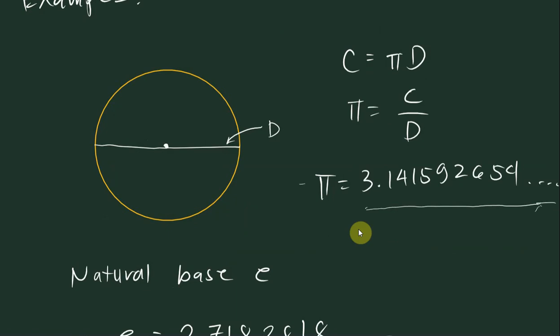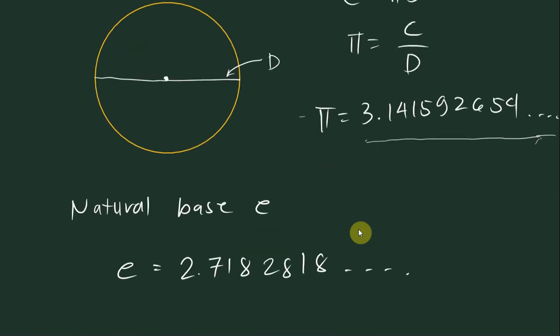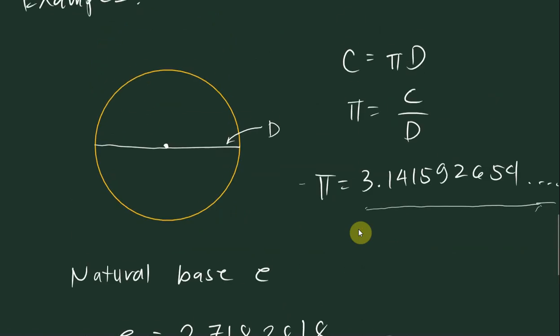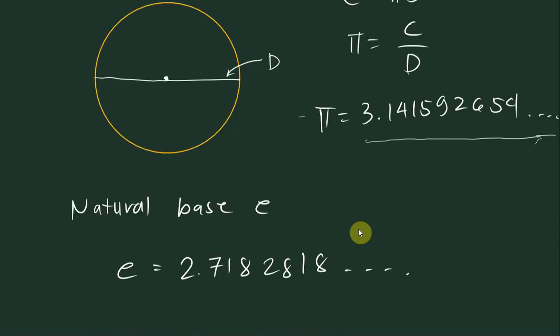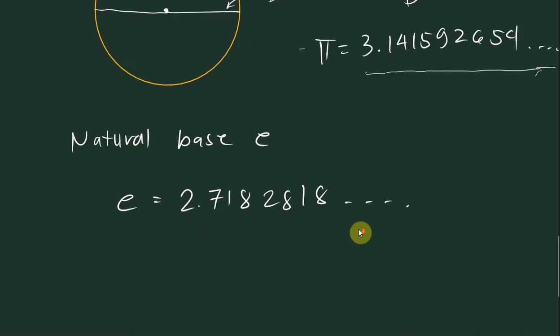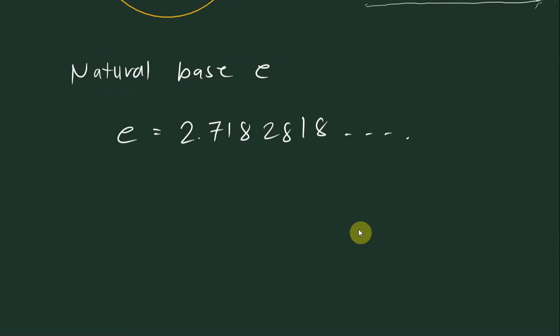You have competitions where they memorize pi to 22,000 decimal places. They have competitions like that because pi is non-repeating. If pi was repeating, then there would be no competition at all, because there's no need to memorize if it is repeating. The second example is the natural base e.